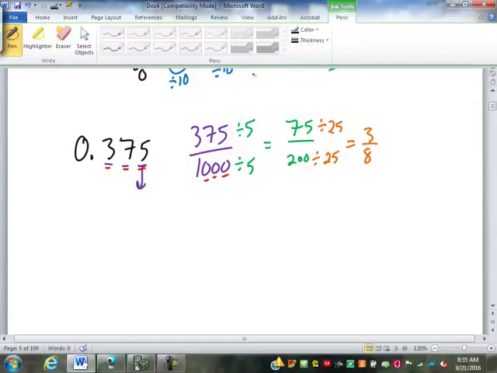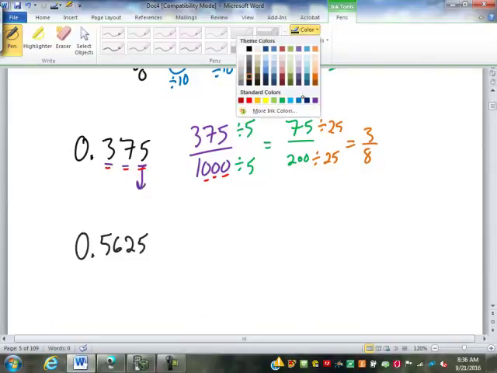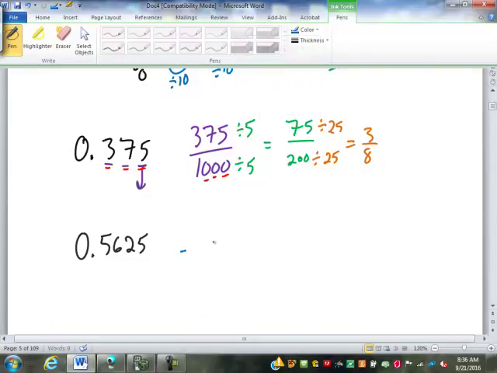So in your notes, I want you to try to turn 0.5625 into a fraction. So what is that going to be to start out with? 5,625 over 10,000. Did you get that far? Still reducing it?